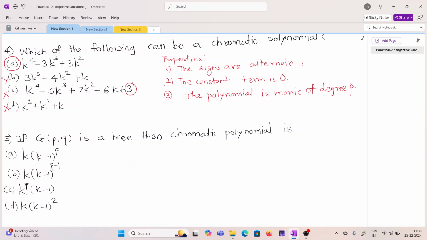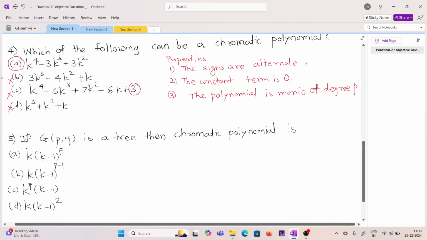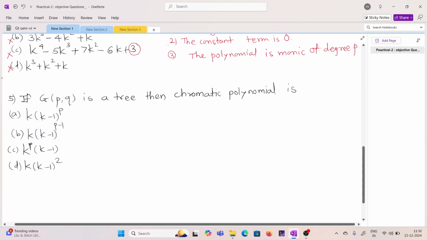We can have a graph whose chromatic polynomial is k raised to 4 minus 3k cube plus 3k square. Now let us discuss the fifth MCQ. Fifth MCQ is: if G(p,q) is a tree, then the chromatic polynomial is. Already we have discussed the theorem.